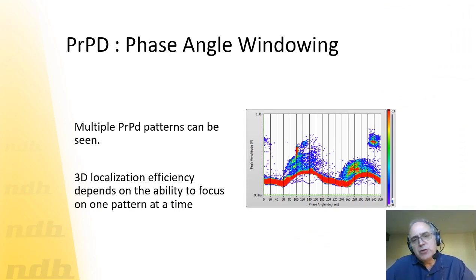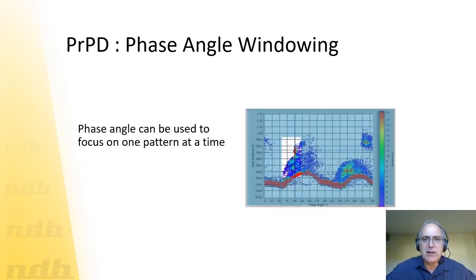Something that you must consider is that multiple problems can be found in your transformer. So you may have more than one PD in your transformer. They can be spread on different sides or on the same side but different locations, and they will produce different patterns in your PRPDs.